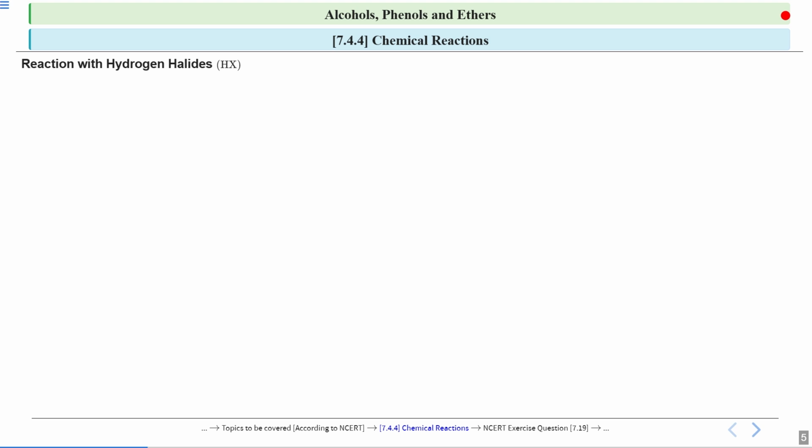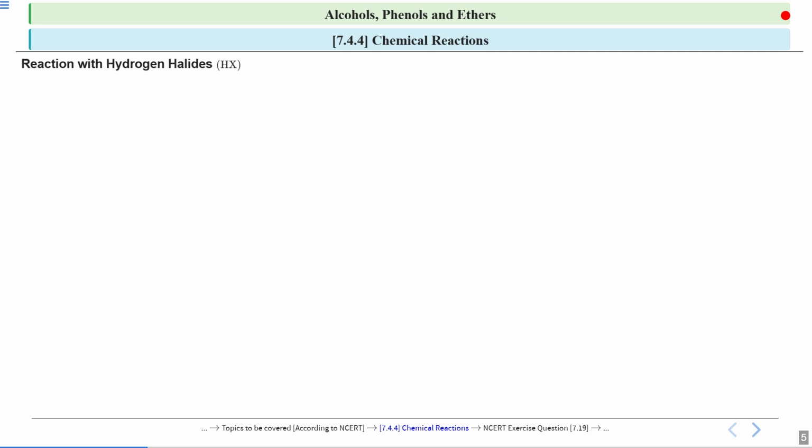When you look at the resonating structures of phenol, you will see that the carbon-oxygen bond develops a partial double bond character. Because of that, the bond is difficult to break, because a double bond is stronger and more stable than a single bond. That is why for the cleavage of the carbon-oxygen bond, the reactions are primarily seen for alcohols and not for phenols, because phenols develop a partial double bond character between carbon and oxygen.